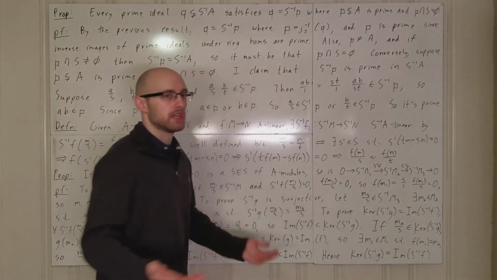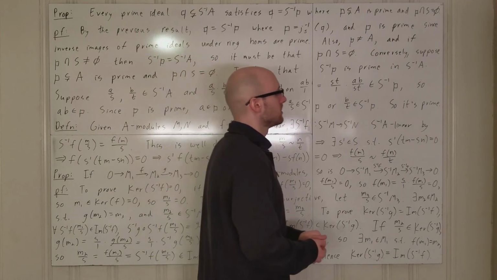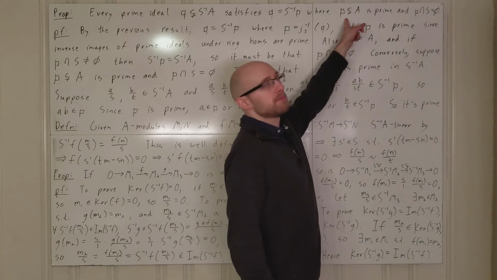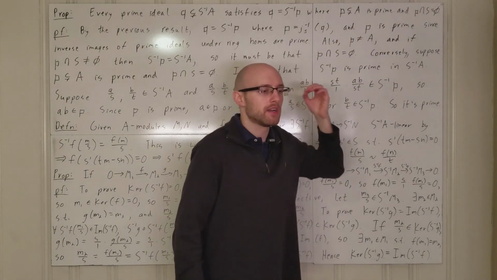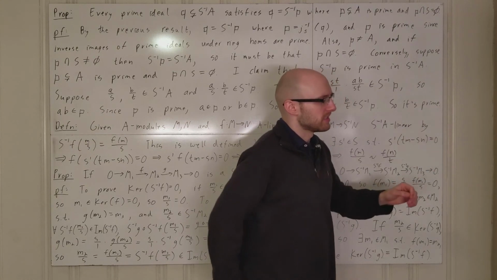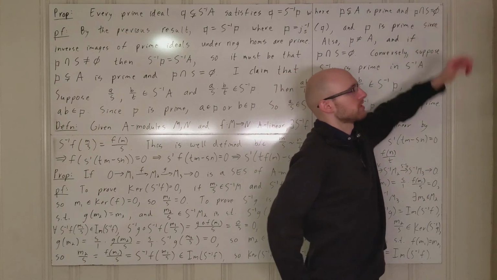And so that's how you get the entire ring. And you do need this, because just because P is proper in A does not automatically mean that S inverse P is proper in S inverse A. You do need this extra condition here.